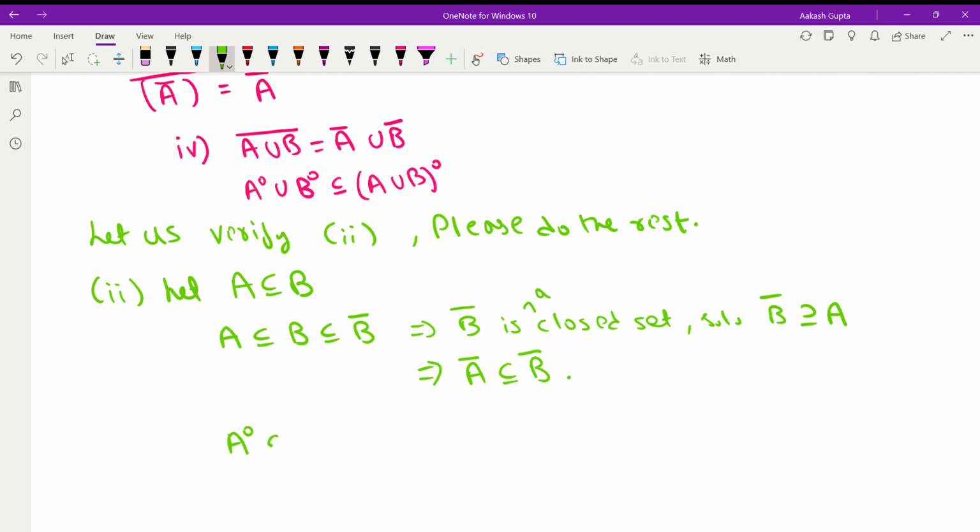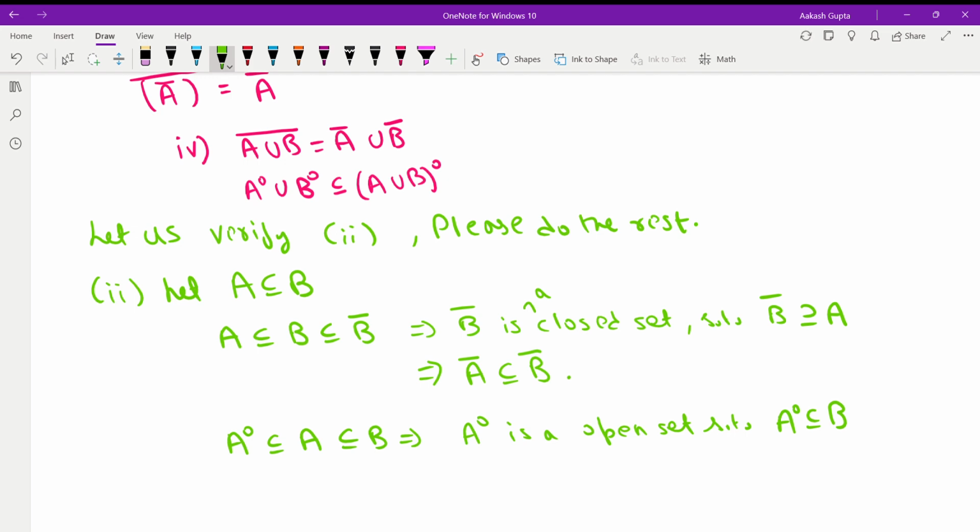And second thing, A interior is sitting inside A, which is sitting inside B. This implies A interior is an open set such that A interior is sitting inside B. What is B interior, guys?